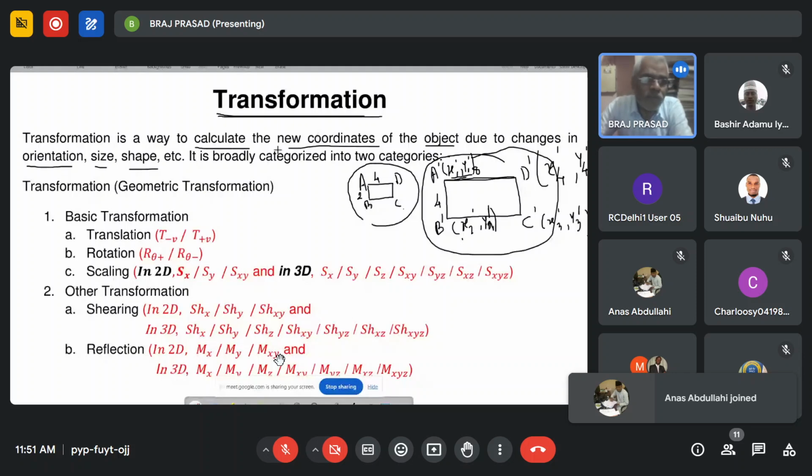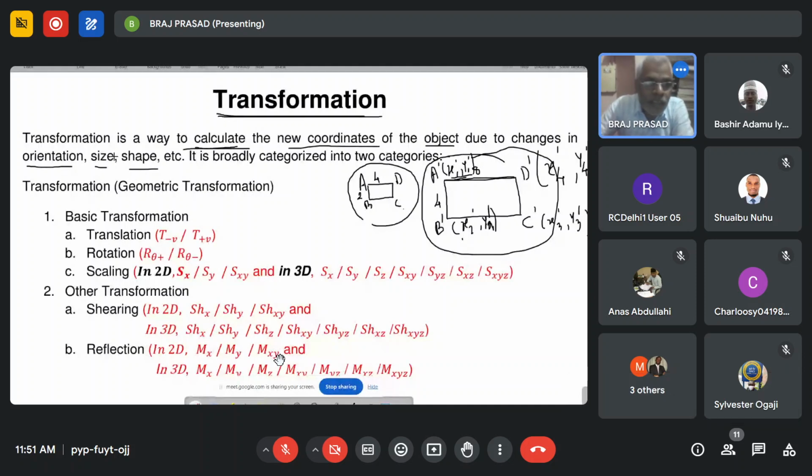So the definition of transformation is a way or method to calculate the new coordinates. Here x1 dash y1 dash is the new coordinate. So to calculate the new coordinates of the object, in this case the object is ABCD, and the size of this object becomes double. Due to the doubling, the length will be 4 into 2, that is 8.